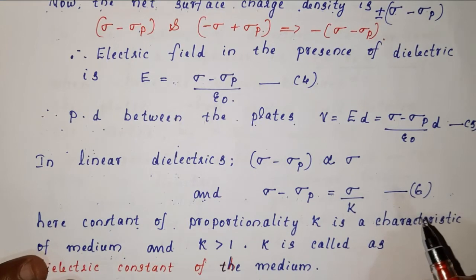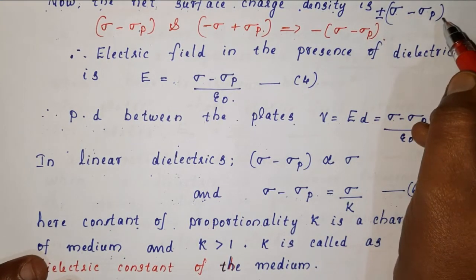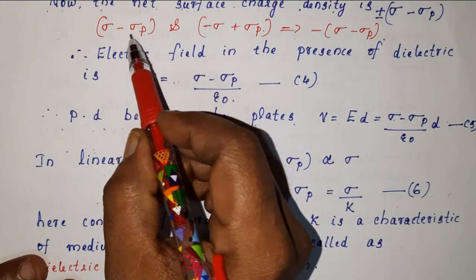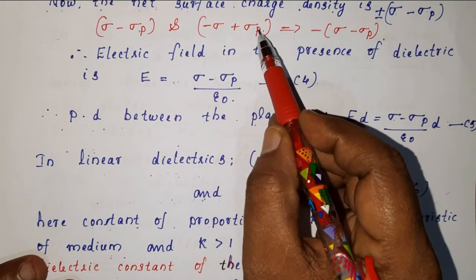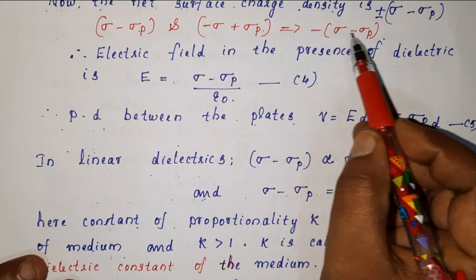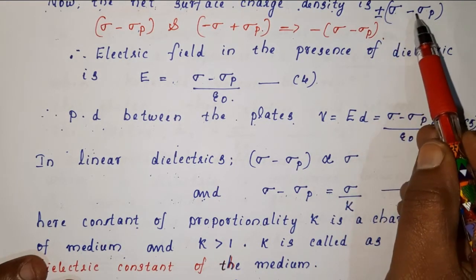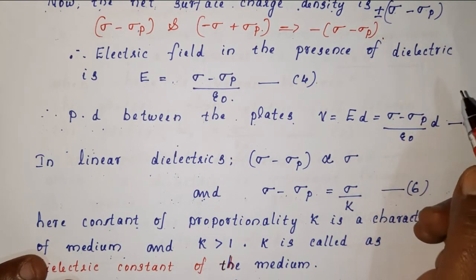So the upper one is having charge density sigma minus sigma p, and the lower one is having minus sigma plus sigma p, that is the same as minus of sigma minus sigma p. Or effectively we can say the surface charge density is plus or minus (sigma minus sigma p).